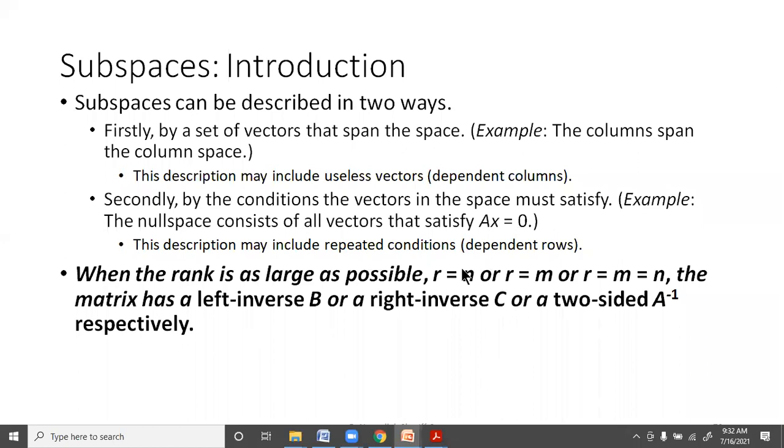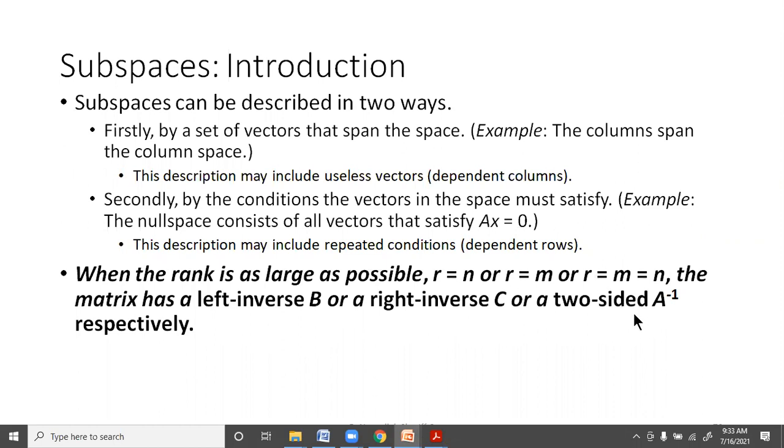So the rank is equal to the number of columns, or the rank is equal to the number of rows, or the rank is equal to both the number of rows and the number of columns, where you have a square matrix. In the other cases, you don't have a square matrix. When r equal to n, the matrix has a left inverse B. If r equal to m, then it has a right inverse C. When r equal to m equal to n, it will have a two-sided inverse, A inverse.